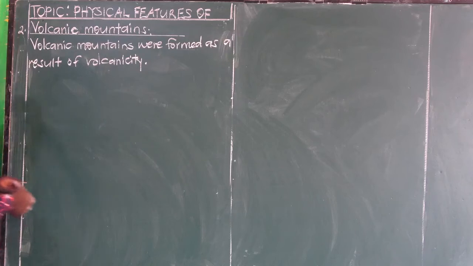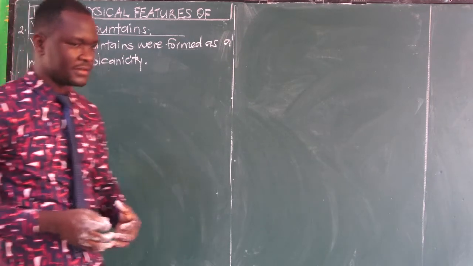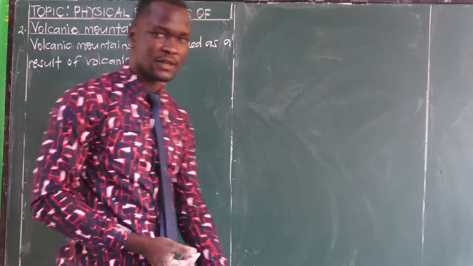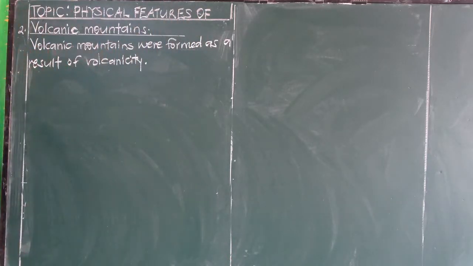Now, eruption means the coming out of the magma from underground, from the earth, from down, and that magma getting out in form of lava.